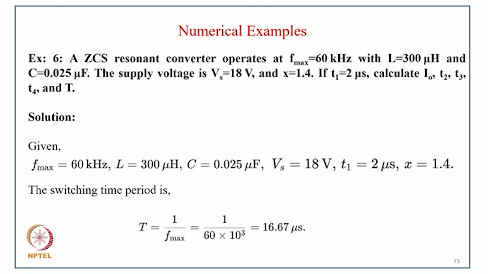The solution is given: F max equal to 60 kilohertz, L equal to 300 microhenry, C equal to 0.025 microfarad, Vs equal to 18 volt, T1 equal to 2 microsecond, X equal to 1.4.